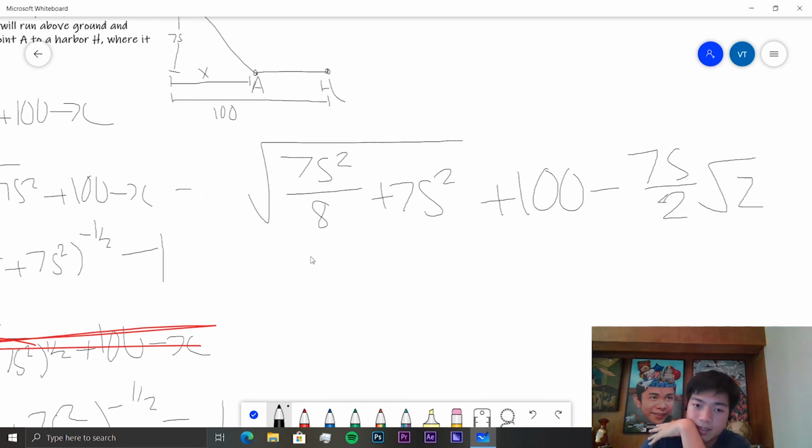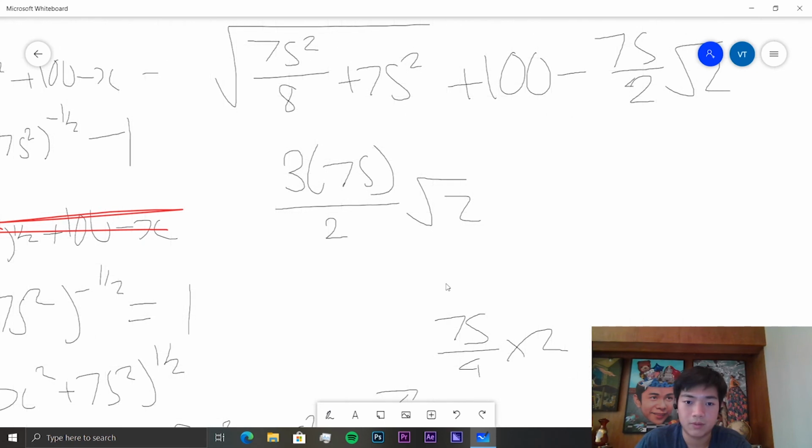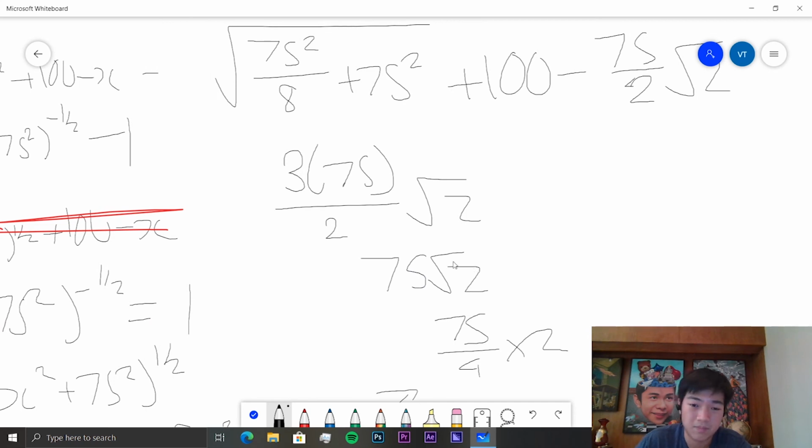So this is going to be equal to 3 times 75 over 2 root 2, minus 75 root 2 over 2, plus 100. So this should be equal to 75 times root 2 plus 100. The book says 75 over 2 root 2, but I disagree. I just think it's wrong.